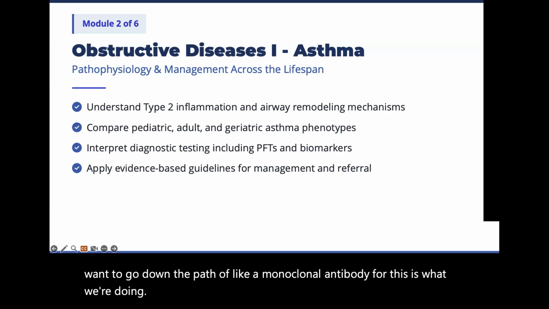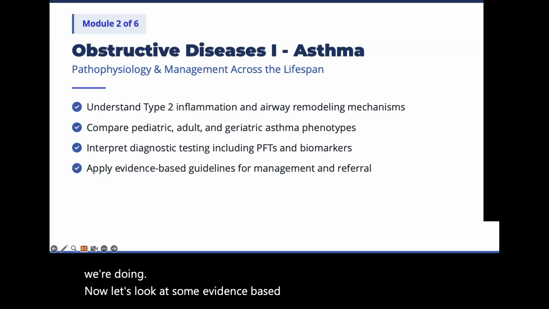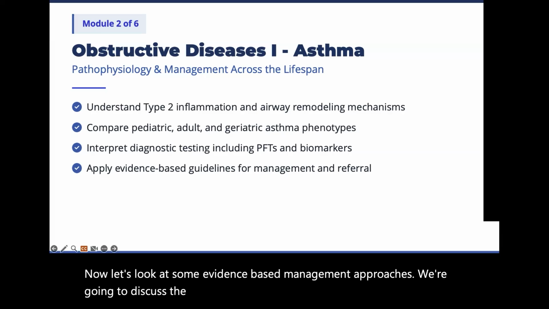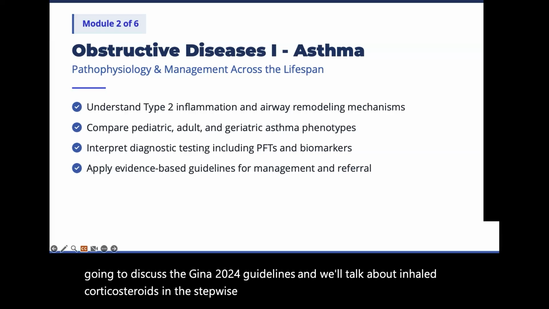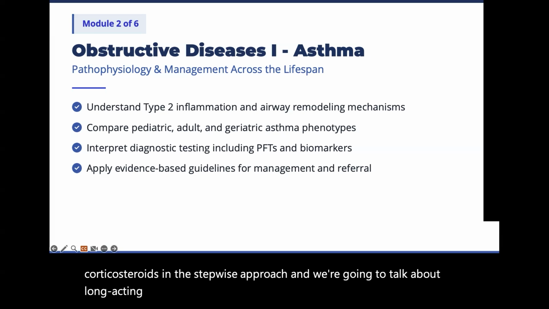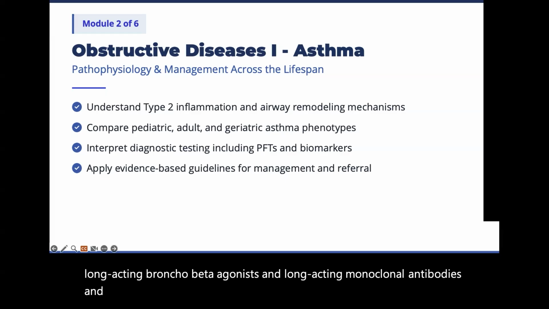Now, let's look at some evidence-based management approaches. We're going to discuss the GINA 2024 guidelines, and we'll talk about inhaled corticosteroids in the stepwise approach. And we're going to talk about long-acting beta agonists and long-acting monoclonal antibodies and some biologic agents and things like that.